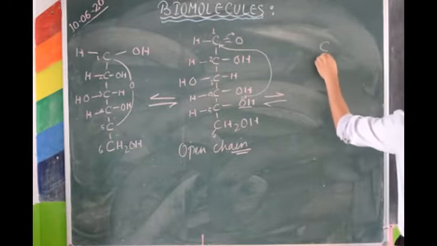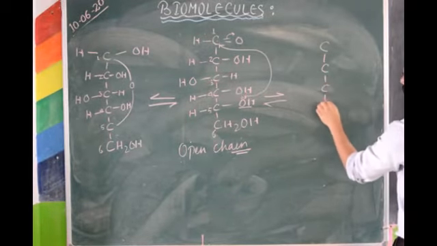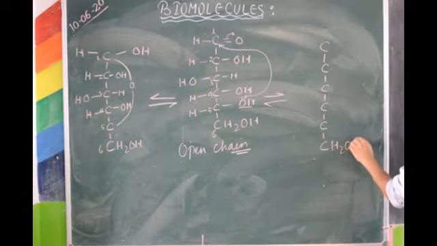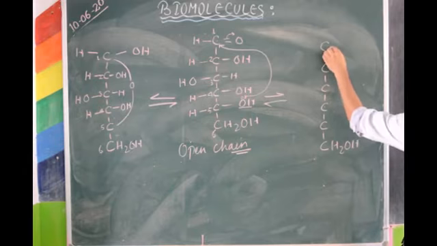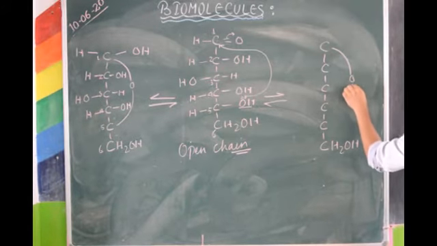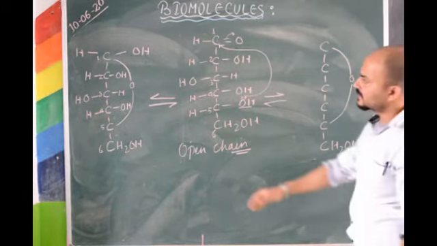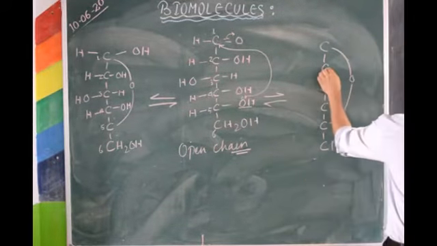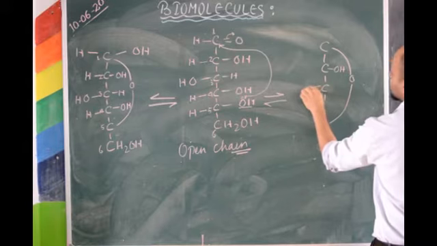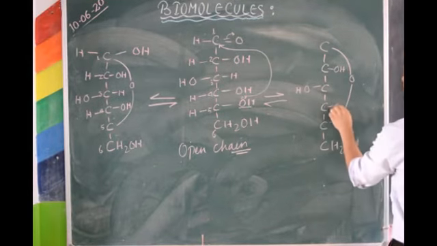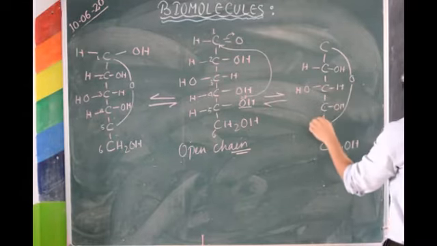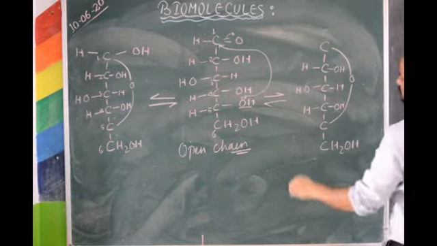Let me write it, and it will be more clear: carbons 2, 3, 4, 5, 6, CH2OH, and the oxygen is bonded between carbon number 1 and carbon number 5 as in this case. The rest is the same: OH, OH, OH, and hydrogen, hydrogen, hydrogen.